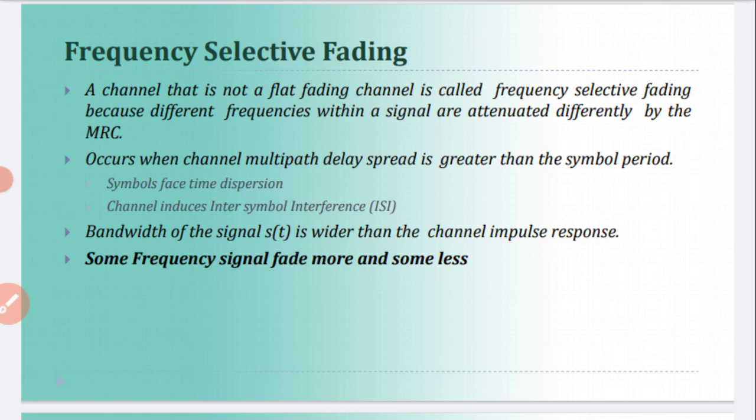What is the thing here? In the last case, all the frequency components fade equally. What is in this case? Here some frequency signals fade more and some fade less. We are transmitting a signal, and at some frequency levels the fading will be more, and at others the fading has less effect on the signal.